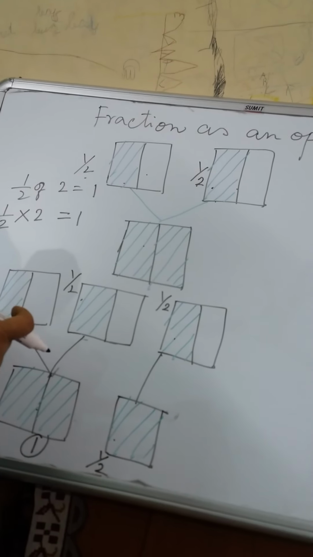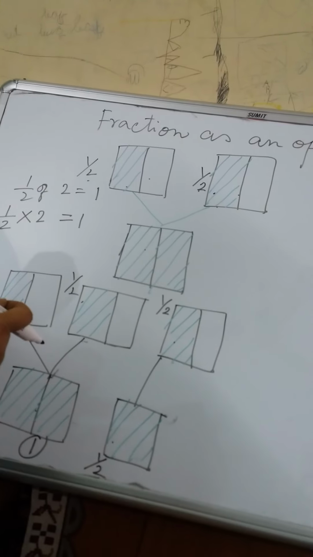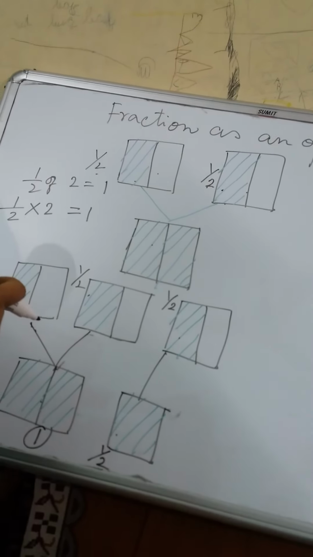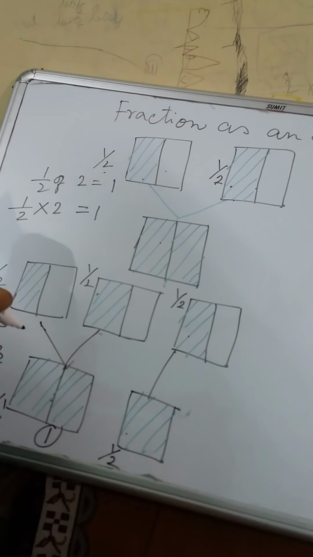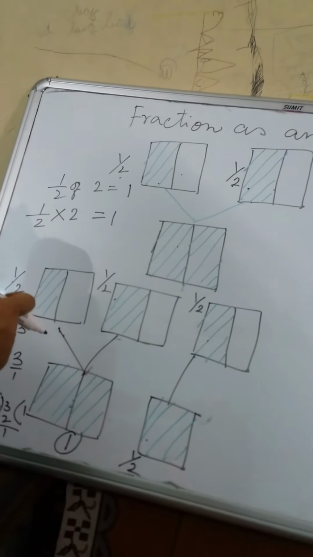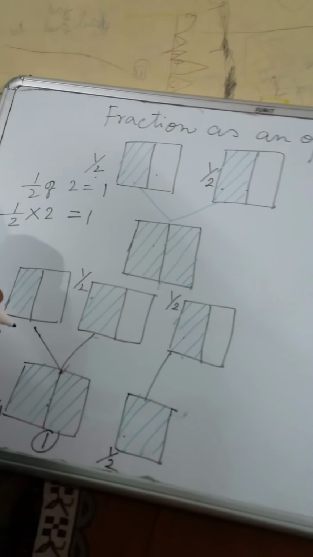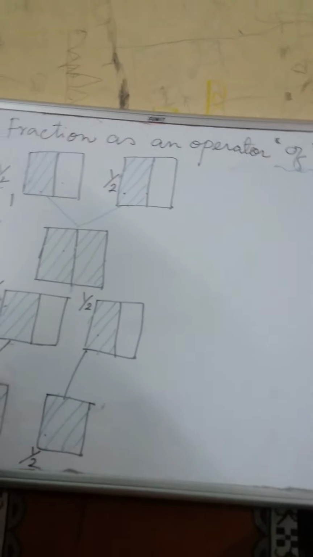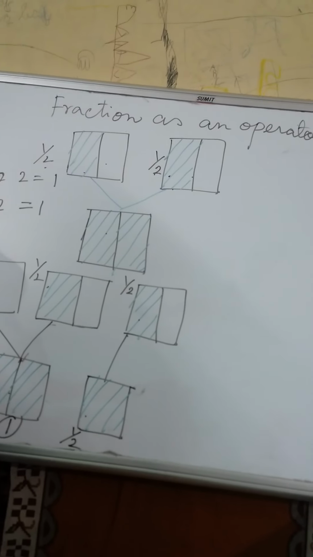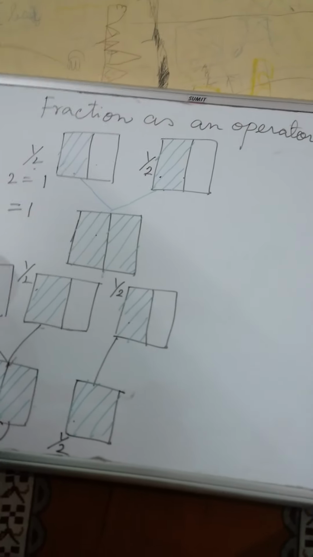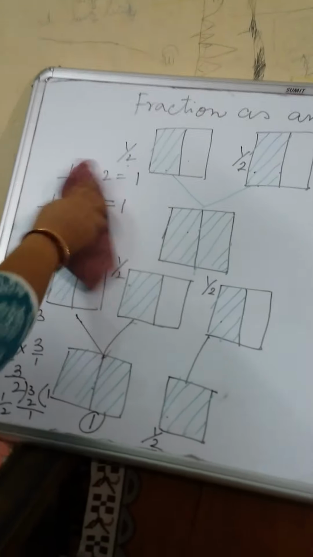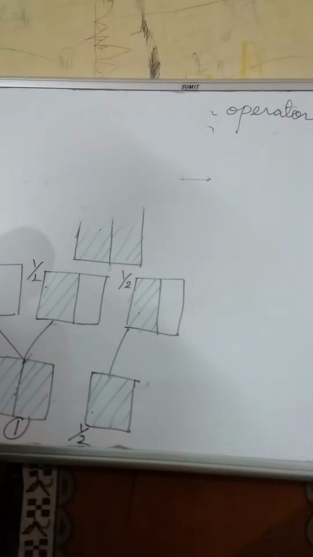Next is representation of fraction multiplication. Next, we can consider 'of' as multiplication. By using this we will start solving exercise 2.2. Now we will start solving exercise 2.2.